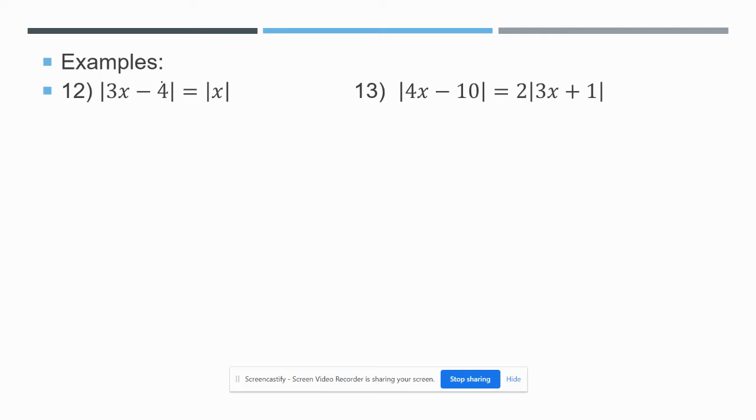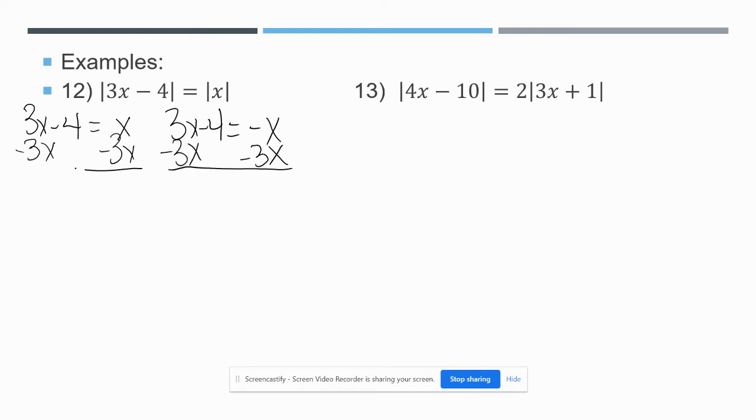We're going to still want to have this set equal to two equations. We still pull out that 3x minus 4, and we're pulling out that x. Then we have 3x minus 4 and then we still have the negative part of that as well. So it's really no different than the other ones without the absolute value. It just changes things a little bit when we get to something like 13. So if I'm solving this for x, I'm going to take 3x to the other side. The opposite of a positive 3x is a negative 3x, so I'm subtracting 3x.